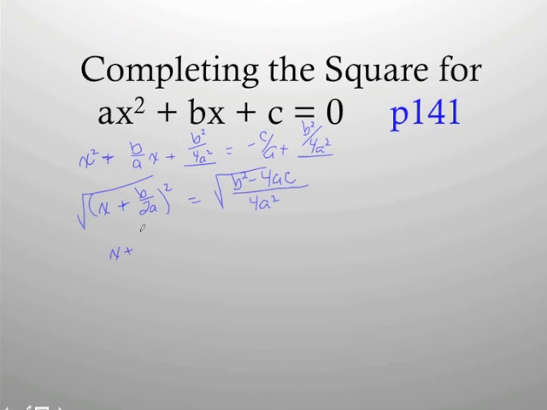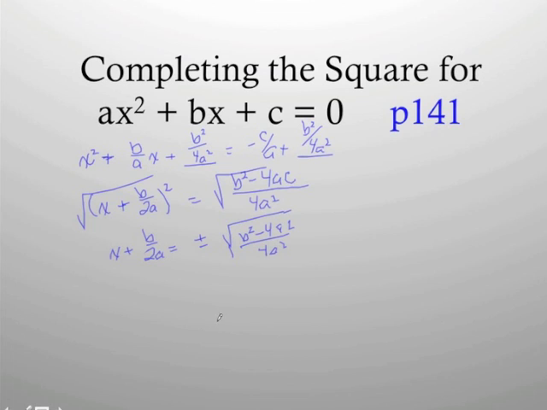So x plus b over 2a equals plus or minus the square root of b squared minus 4ac all over 4a squared.